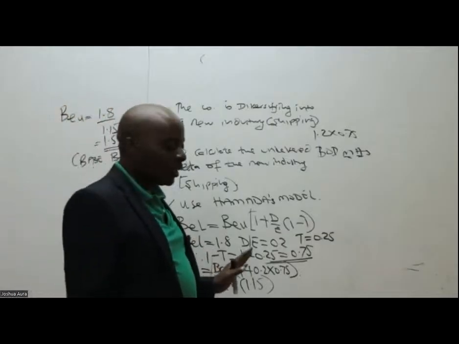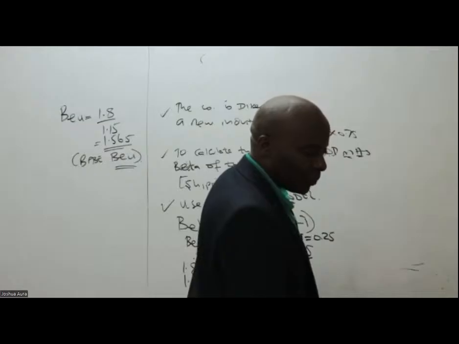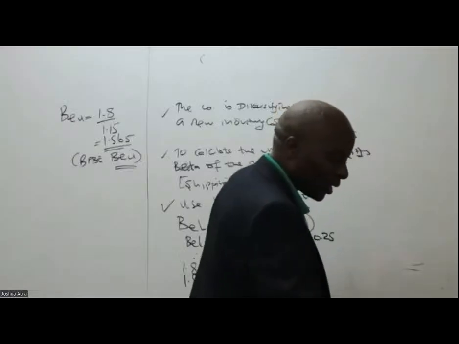But now go and read the question and you'll be able to see. If you read the question here, they wanted us to give them the discounting rate, which in most cases is WACC. At what discounting rate should XPLC appraise a new project if it's to be financed entirely from equity? So no worries, ladies and gentlemen. Of course I know discounting rate.